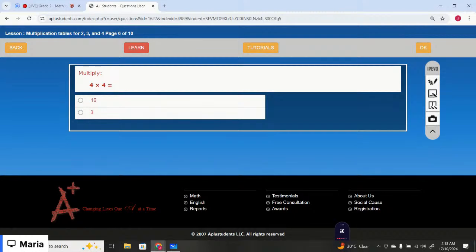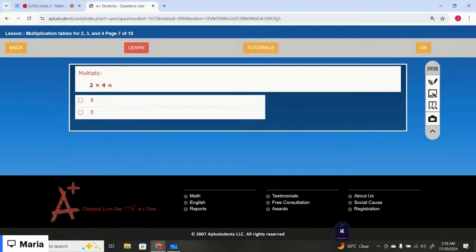The next one is 4 times 4. So which is the correct option? 4 times 4 is 16. The correct option is 16 it is.